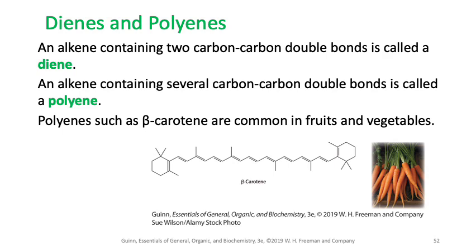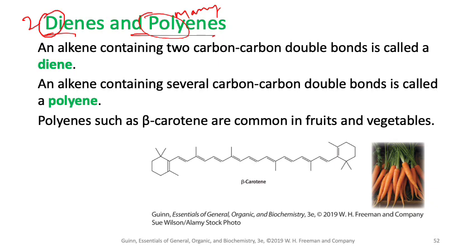Then we have some other terms called dienes and polyenes. It is the same, a compound containing multiple double bonds. If the compound contains 2 double bonds, then we call it a diene. Di means 2, poly means many. So if an organic compound has only 2 double bonds in it, then that compound is a diene.